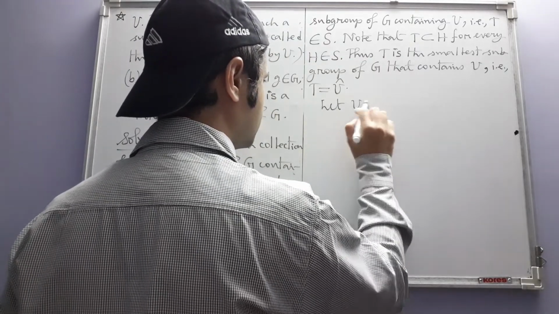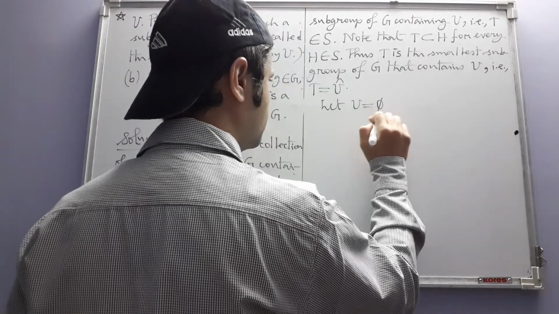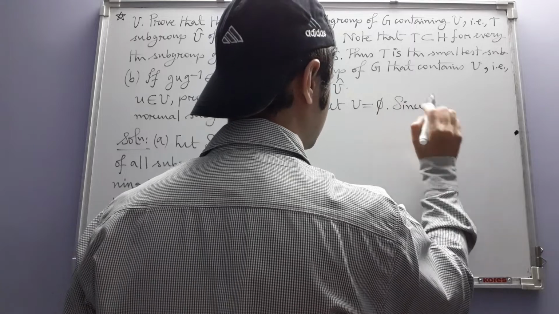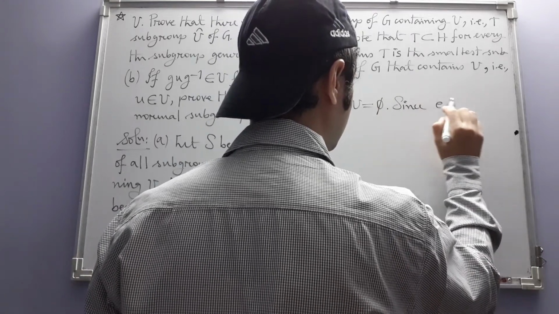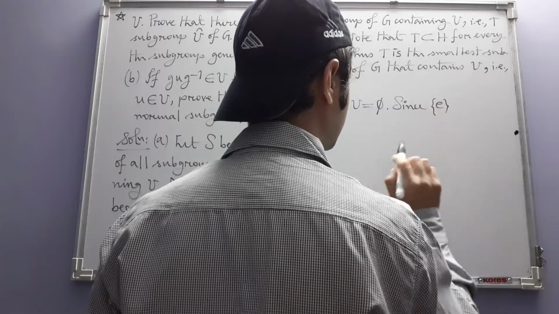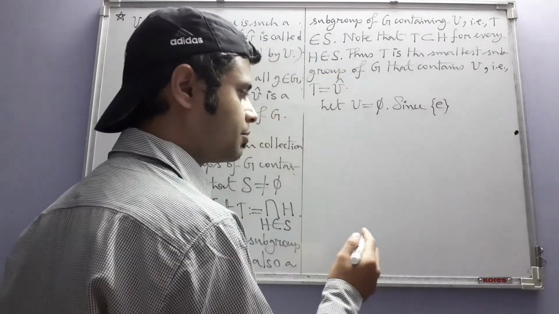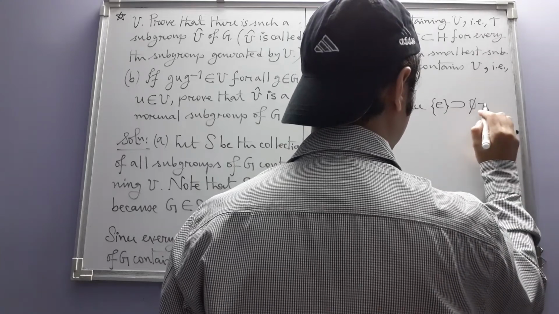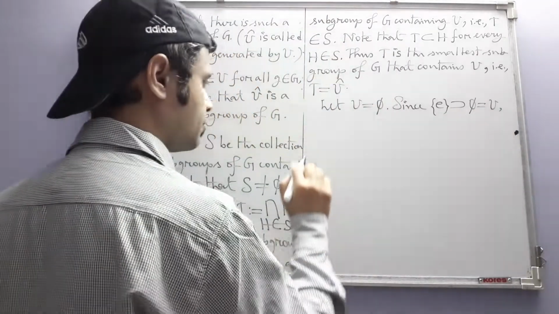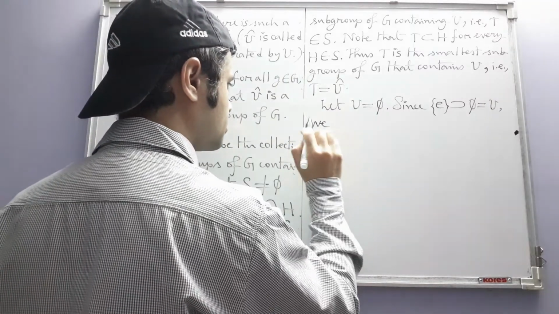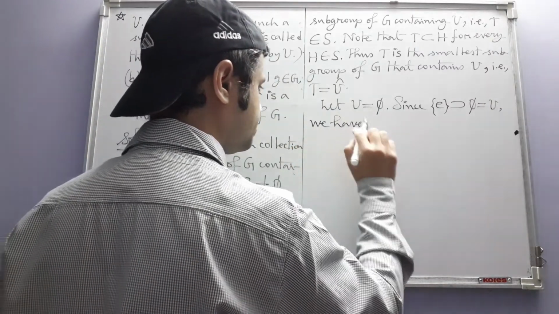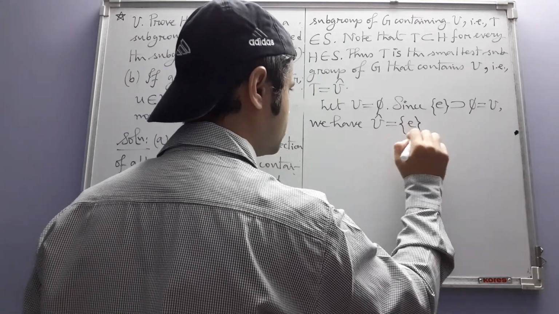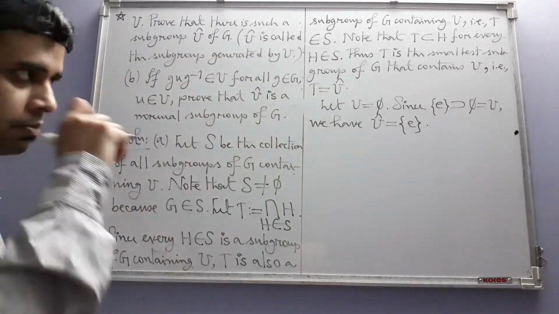Let U be the empty subset. Since the trivial group consisting of only the identity is a subgroup of G that contains the empty set, we have U hat equal to E. Why?